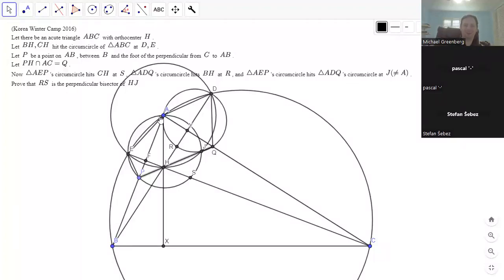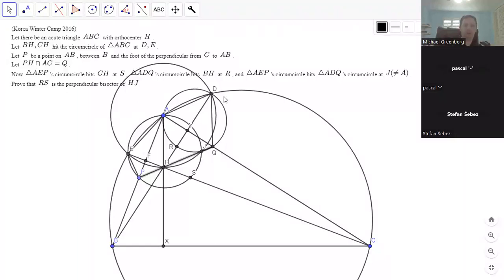I know that's not a good argument, but yes, it is true, because AJP is 180 minus AEP, and AJQ is 180 minus ADQ.